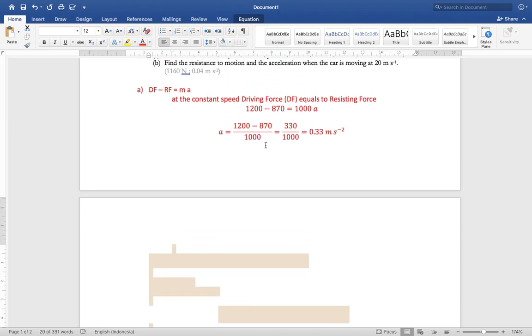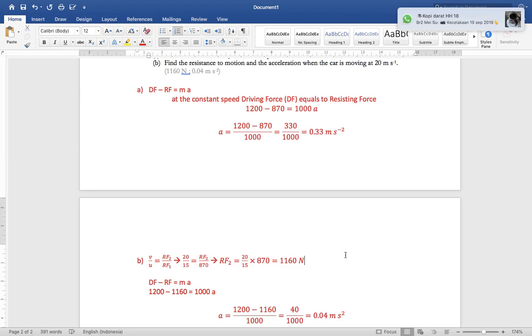Let us see. This is about the ratio between velocity and the resisting force. When the velocity is 15, the resisting force is 870 Newton. So when it is 20 meter second minus 1, how much is the resisting force?